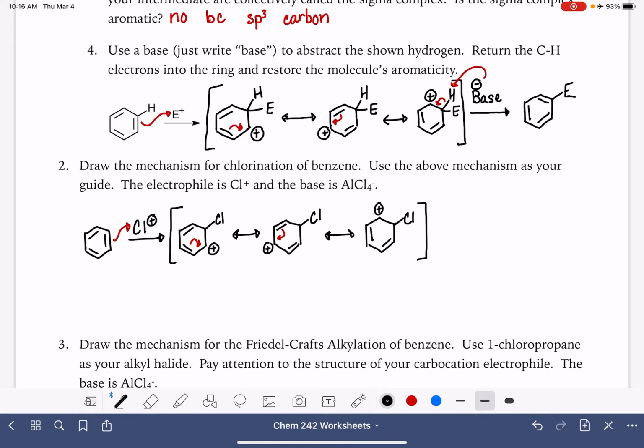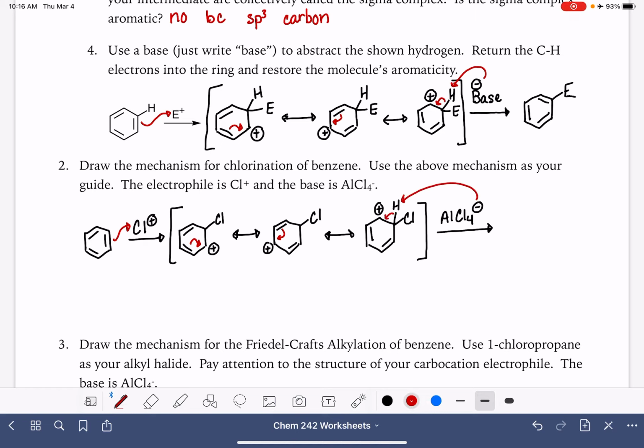And then in our last step, we're going to do the hydrogen abstraction. We're specifically going to be abstracting the hydrogen that is on the same carbon as the chlorine electrophile. The base for this particular reaction is AlCl4-. AlCl4- is going to grab that hydrogen.